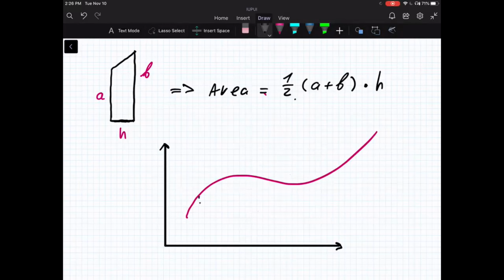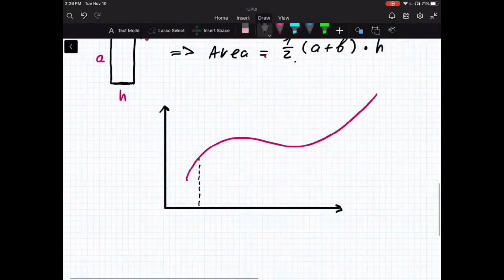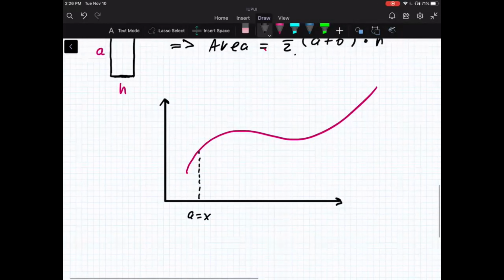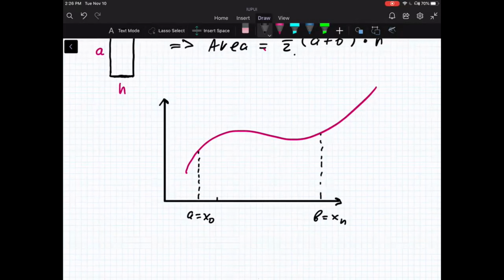We have our initial point a that we'll call x0, our final point b, which will be xn, and we divide this interval into n subintervals of equal length. So this is my x1, this is my x2, and so on.